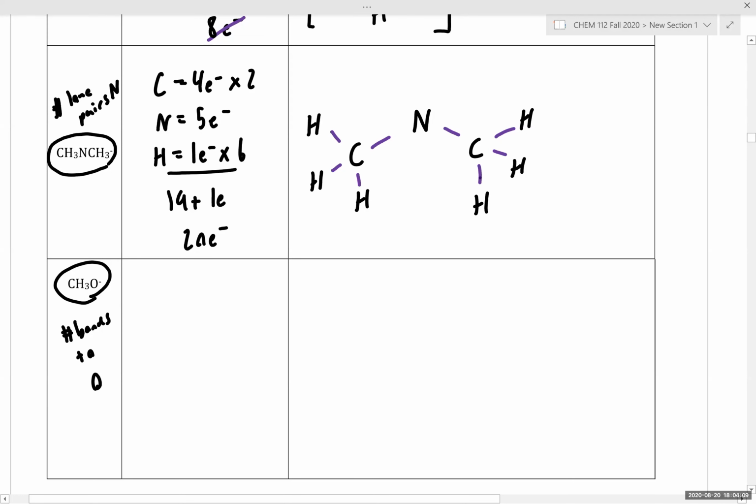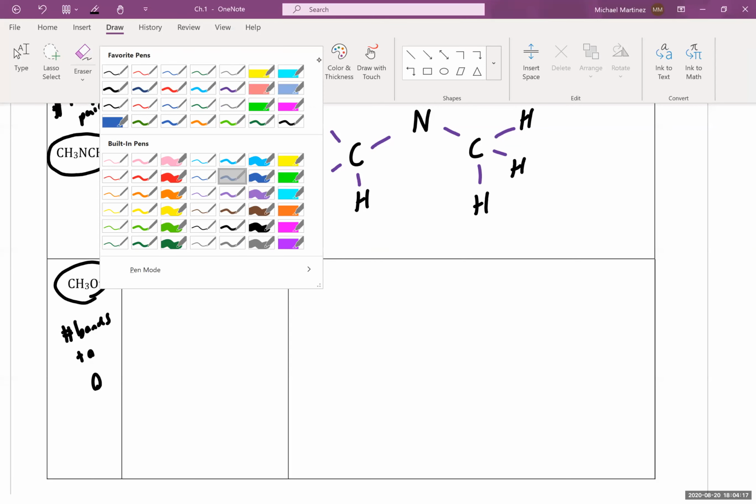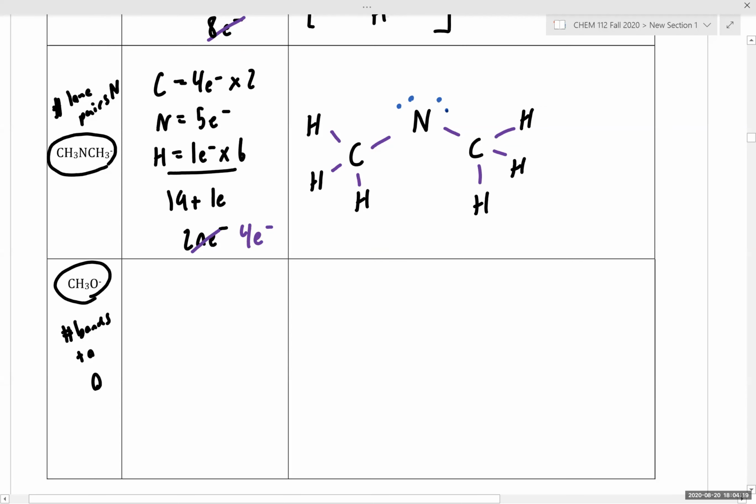Okay, we've used up 2, 4, 6, 8, 10, 12, 14, 16 electrons. We have 4 electrons remaining. Now we place our remaining 4 electrons on our nitrogen atom, and that in turn completes our Lewis structure. To respect the fact that this is a charged molecule, we put the structure in brackets and we indicate the charge.